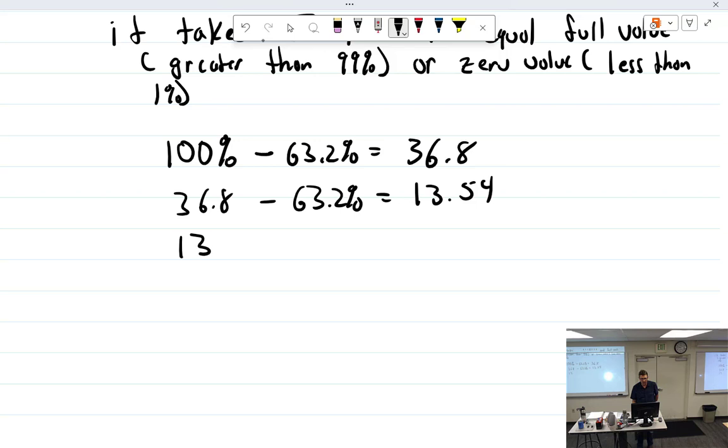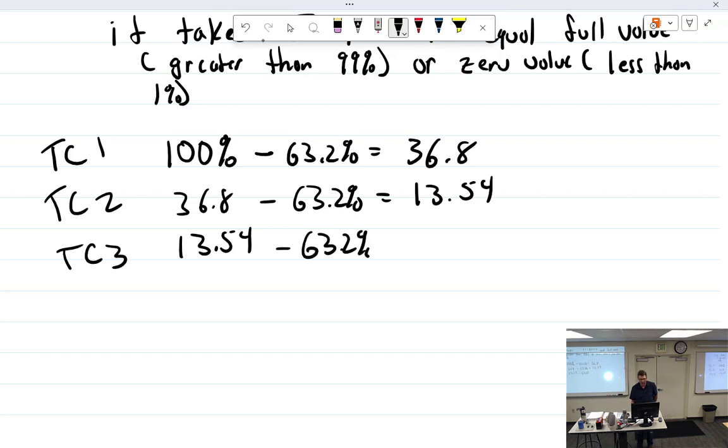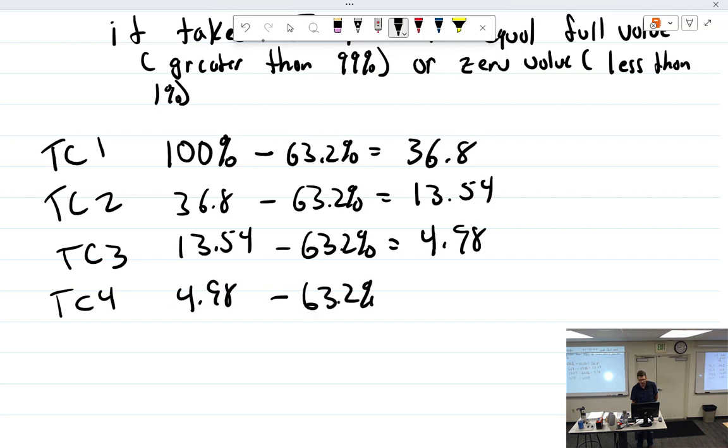This is time constant 1, time constant 2, time constant 3. 13.54 minus 63.2% equals 4.98. Time constant 4, 4.98 minus 63.2% equals 1.83. Still not off.